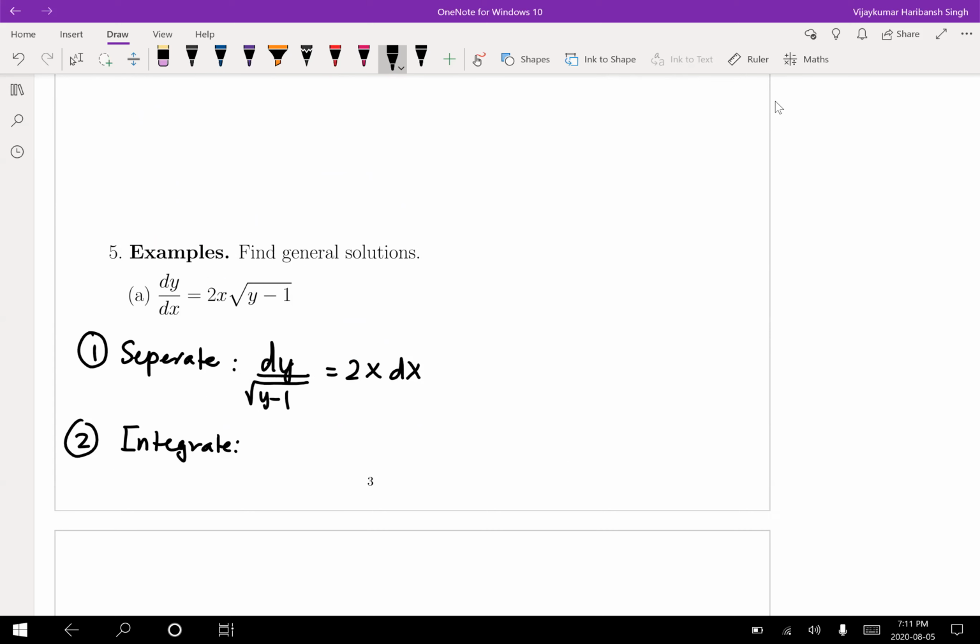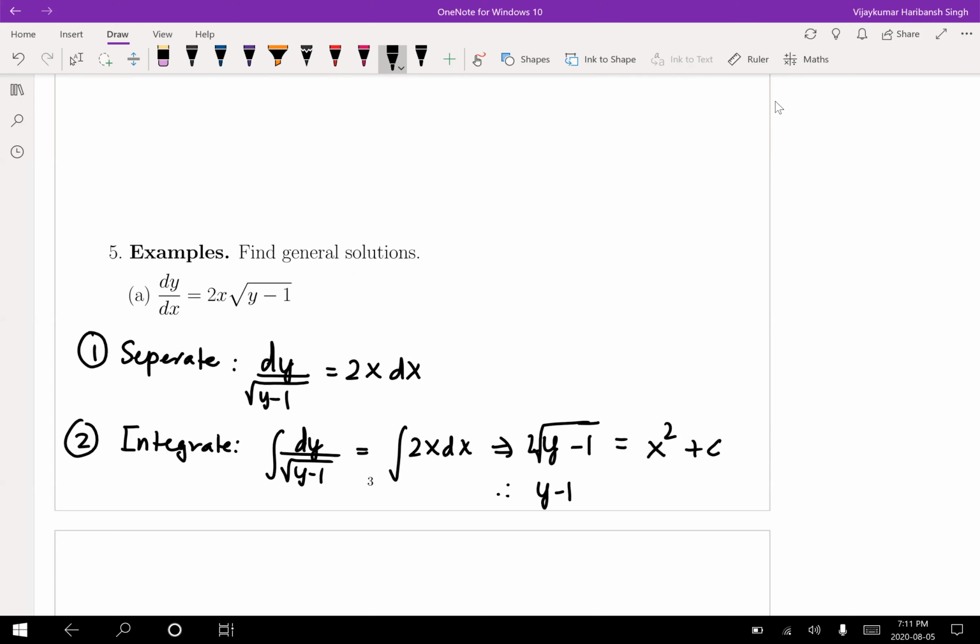When we integrate, we get the integral of dy over square root of y minus 1 equals the integral of 2x dx, which gives me 2 times square root of y minus 1 equals x squared plus a constant c, which can be written as square root of y minus 1 equals x squared by 2 plus c bar by 2.